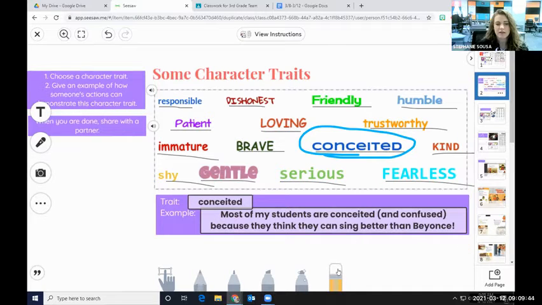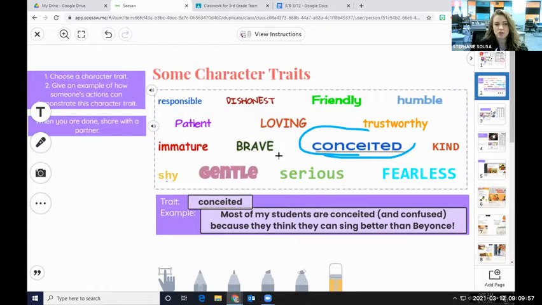Take a look at that list. Come up with one or more that you know the meaning of, and write down how you can tell someone is being that way, that is a character trait that someone has. So if you choose shy, how do you know someone's shy? If you choose serious, how do you know that someone's serious? Take a minute to write a sentence.